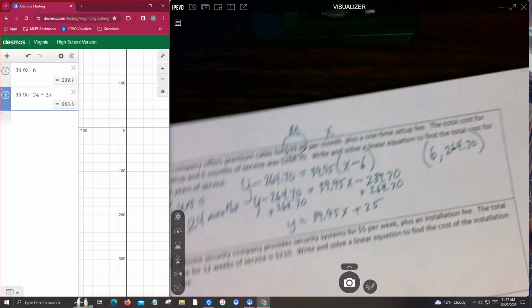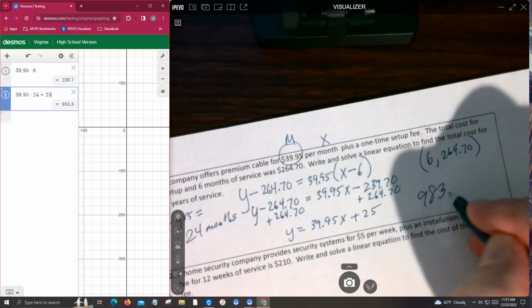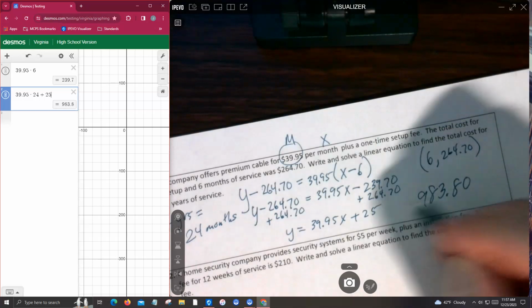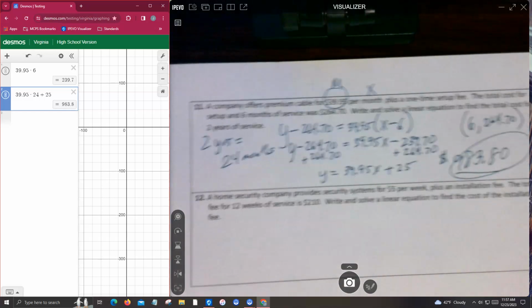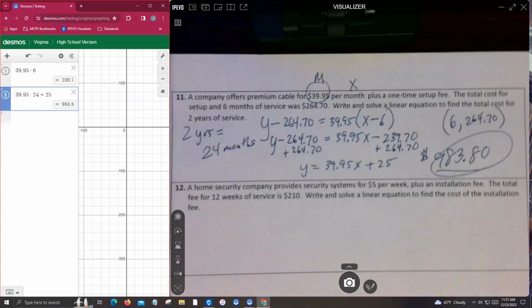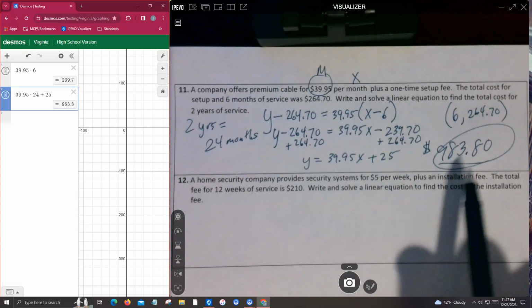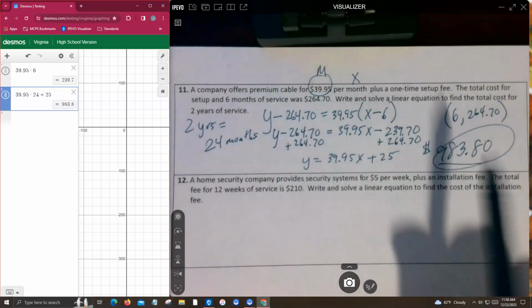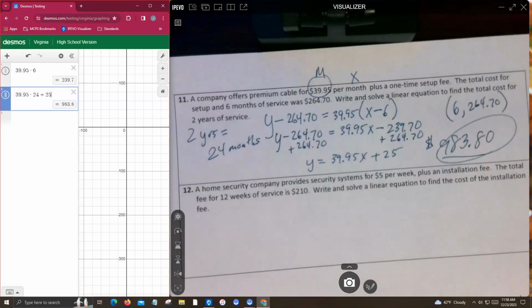So, see, cable is expensive. $983.80 is how much it would cost for half a year of cable. That's crazy. Or 2 years, sorry. Half a year, what am I talking about? 2 years. That's not horrible. All right, so 2 years of service costs $983.80. I think I'm going to stop there because that's about 9 minutes.